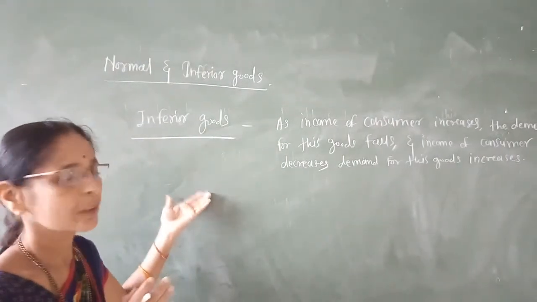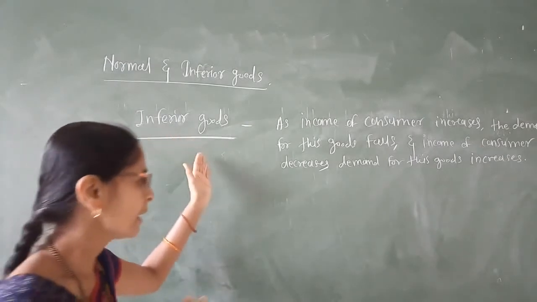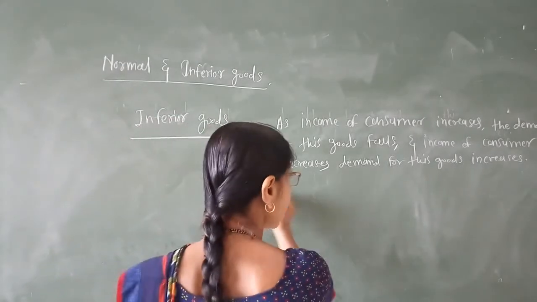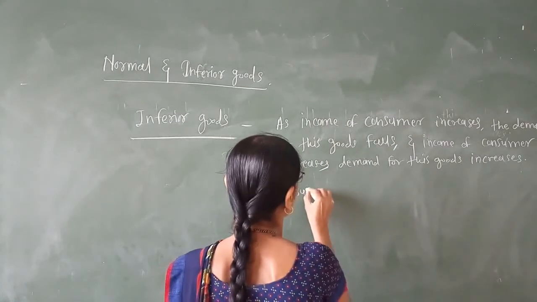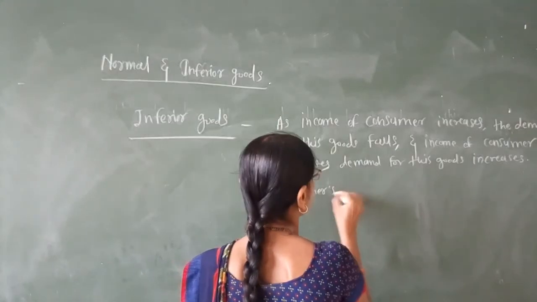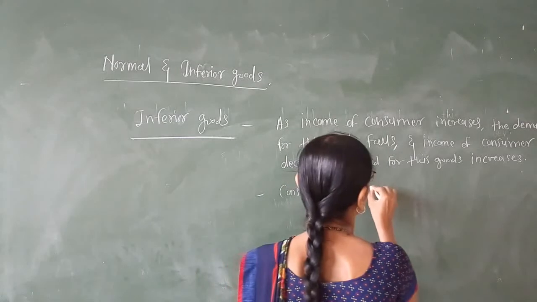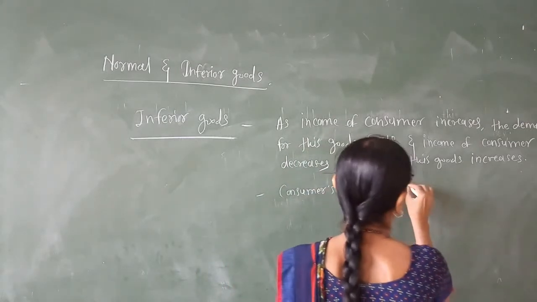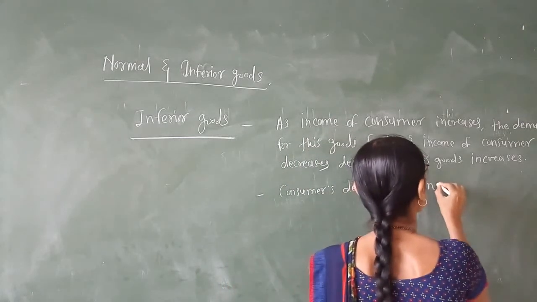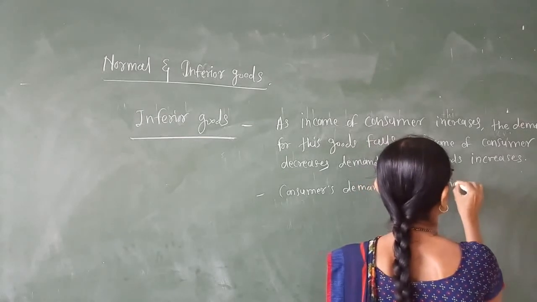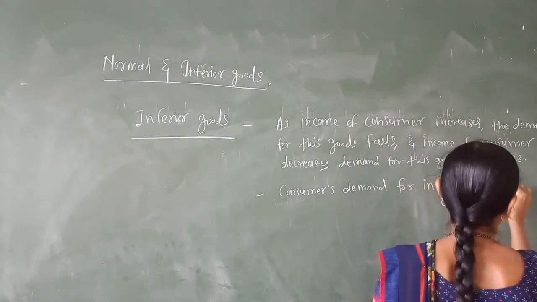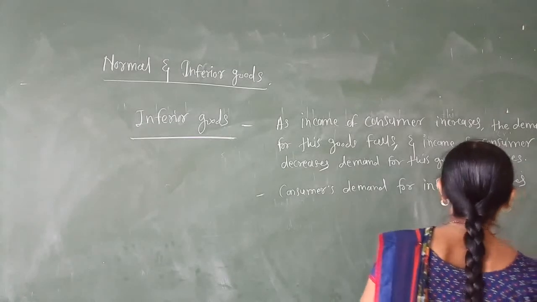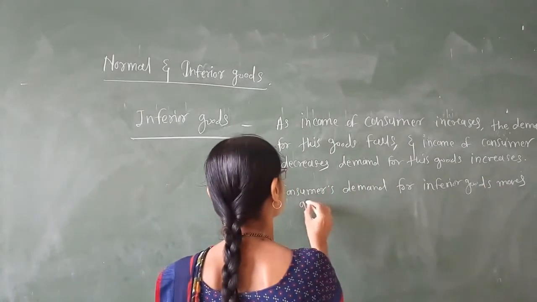Those goods we call inferior goods. And here the consumer's demand for an inferior good moves in the opposite direction.